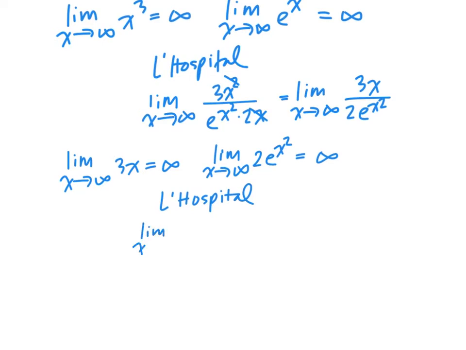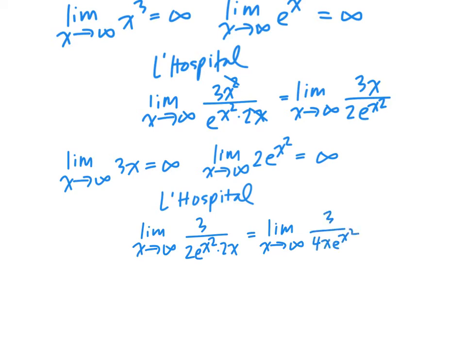The limit as x goes to infinity of 3 over 2e to the x squared times 2x. All right, simplify that. The limit as x goes to infinity of 3 over 4x e to the x squared.